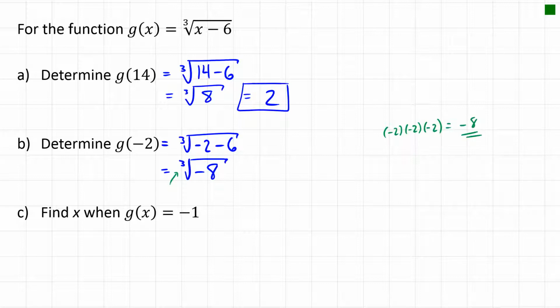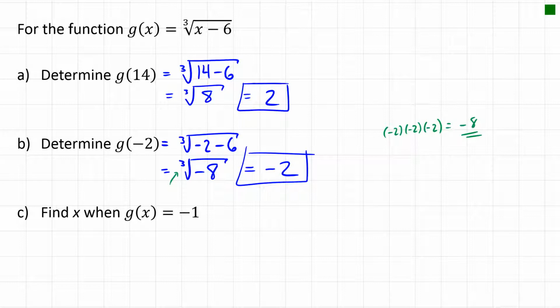So negative numbers actually do have cubed roots. They don't have square roots, but they do have cubed roots, and the cubed root of -8 is -2. So the negative values of x are in the domain of the cubed root function.